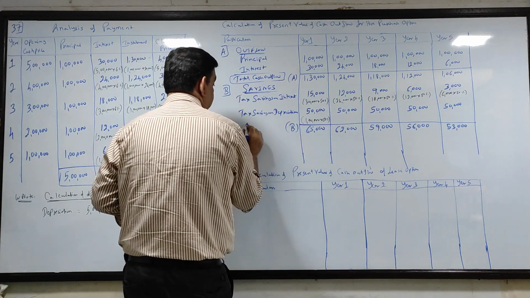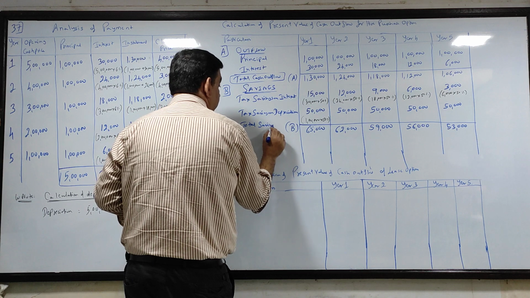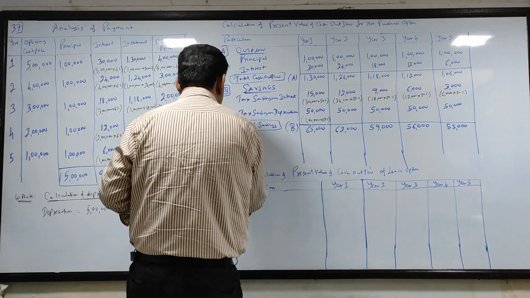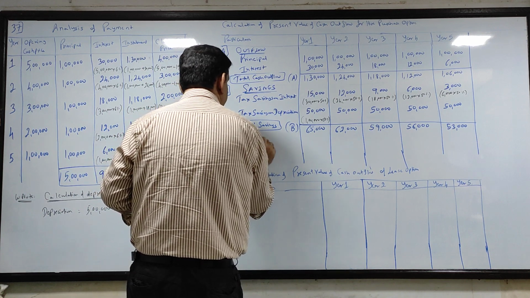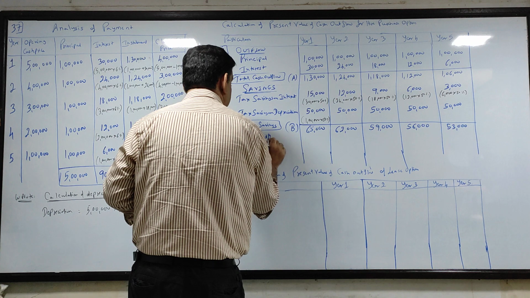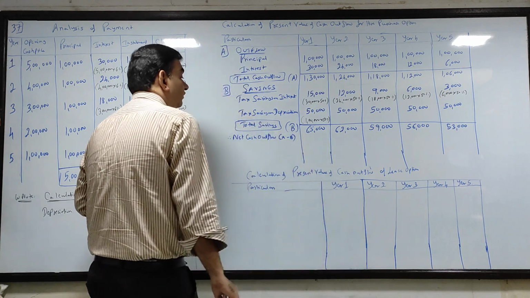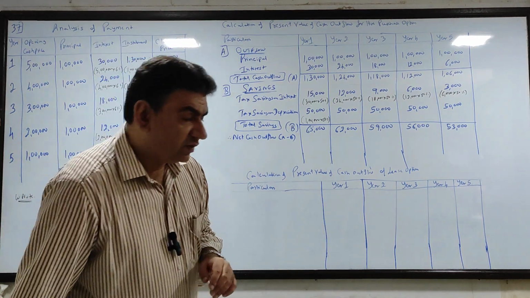B is my total savings. Therefore, my net cash outflow is A minus B.